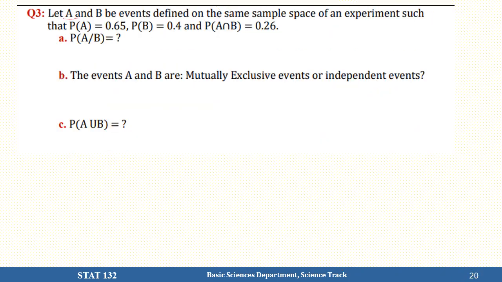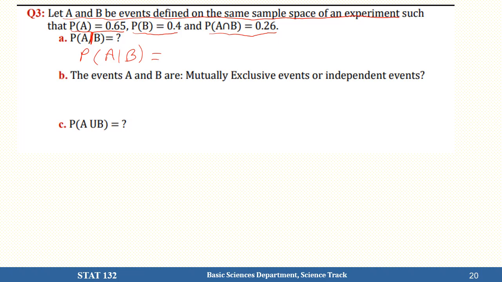Let A, B be events defined on the same sample space of an experiment such that the probability of A is 0.65 and probability of B is 0.4 and the probability of A intersection B is 0.26. So what is the conditional probability here? If we use the rule, what's the rule?